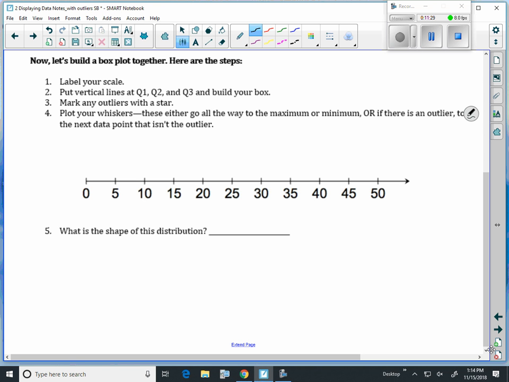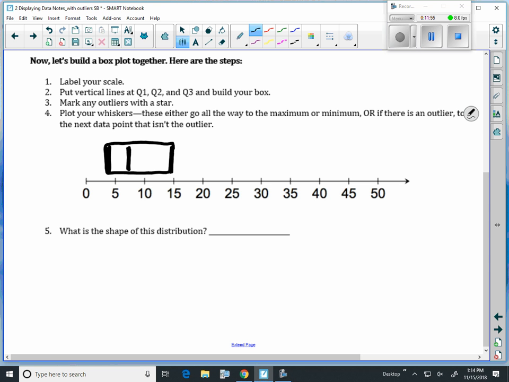Q1 was 4, so roughly where 4 is at. Q2 is 7. And Q3 is 14.5, almost to 15. And then you're going to make a box using those lines.